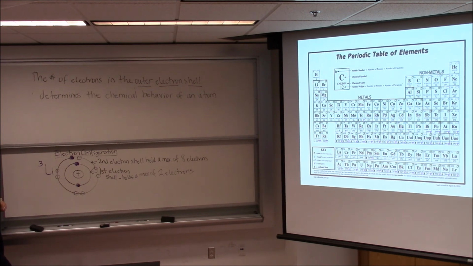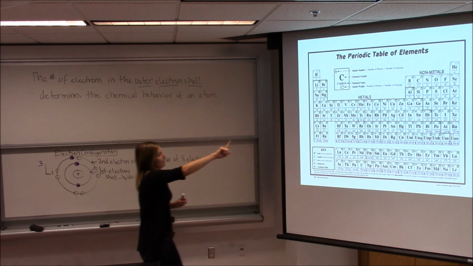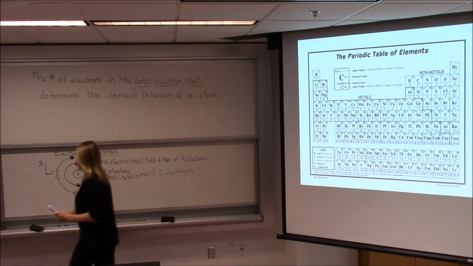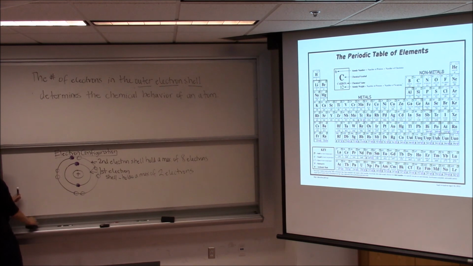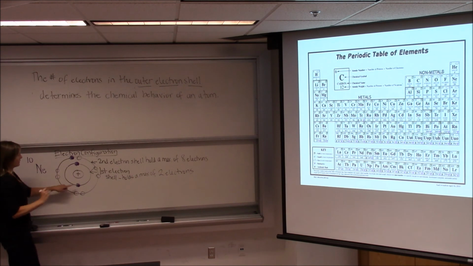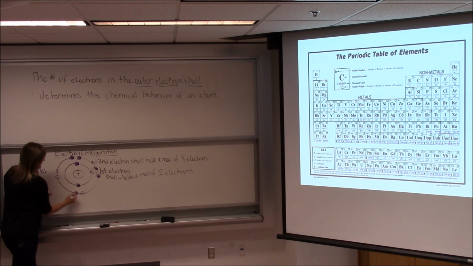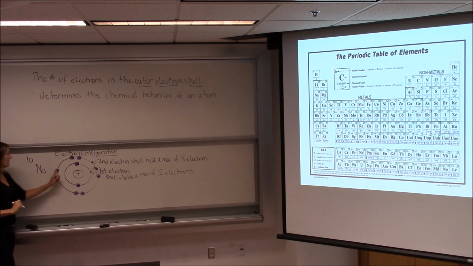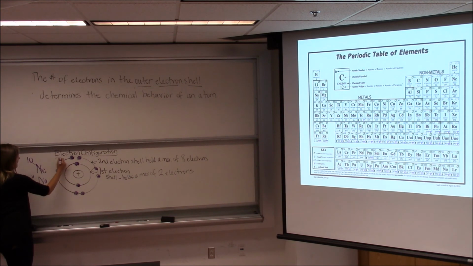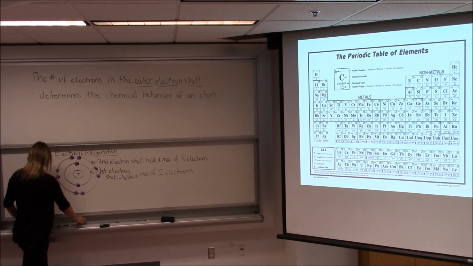Okay, let's skip forward all the way across that row and go to neon, atomic number 10. 1, 2, 3, 4, 5, 6, 7, 8, 9, 10. Neon has filled that whole shell. If we go on to sodium, atomic number 11, we're going to have to add a third electron shell.